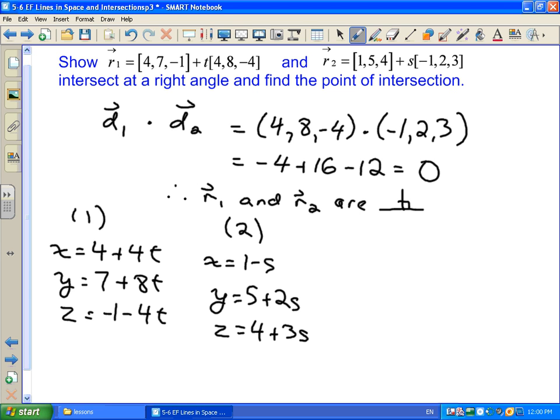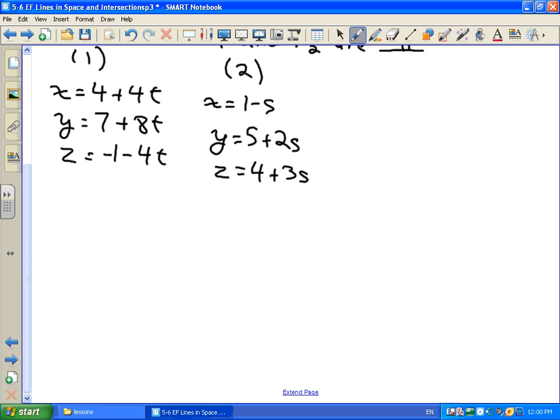We'll equate our x's, y's and z's and clean them up a little bit as we do this.